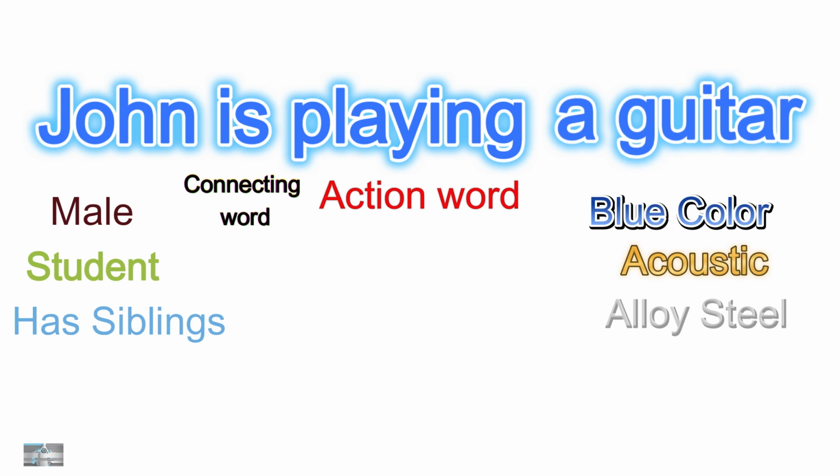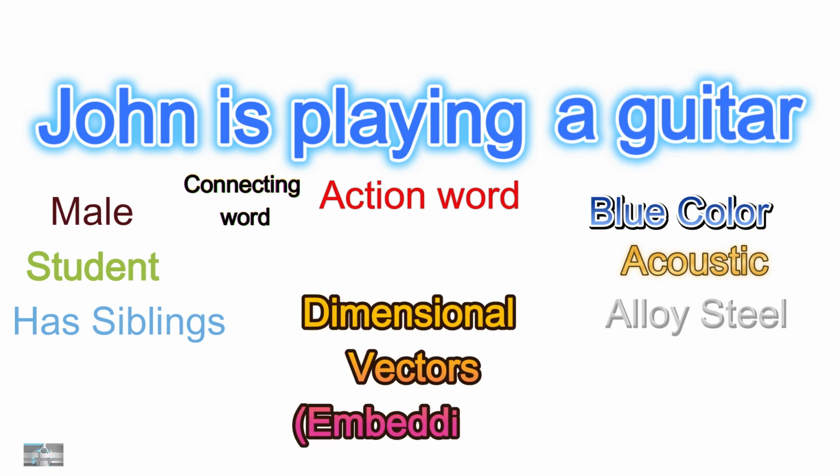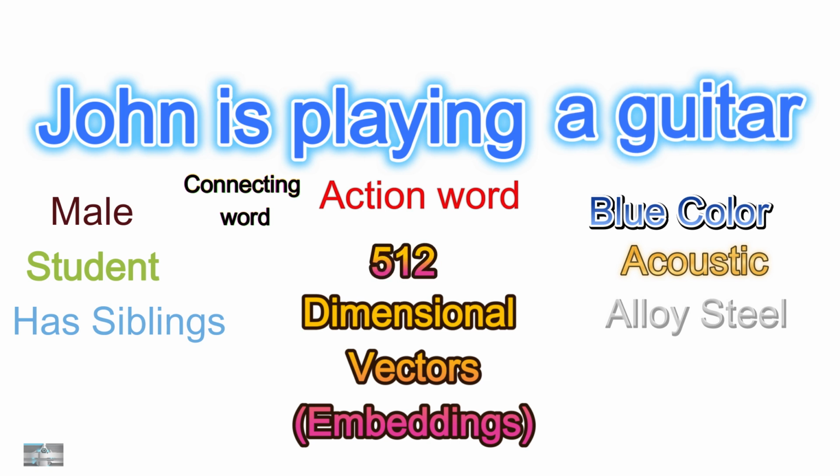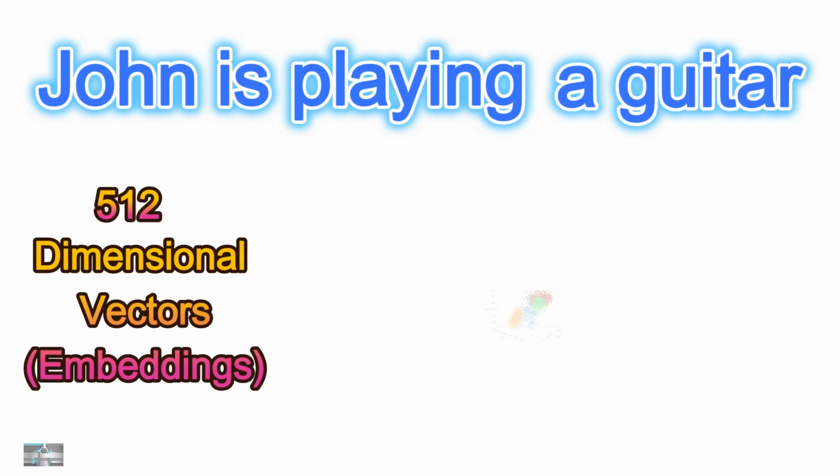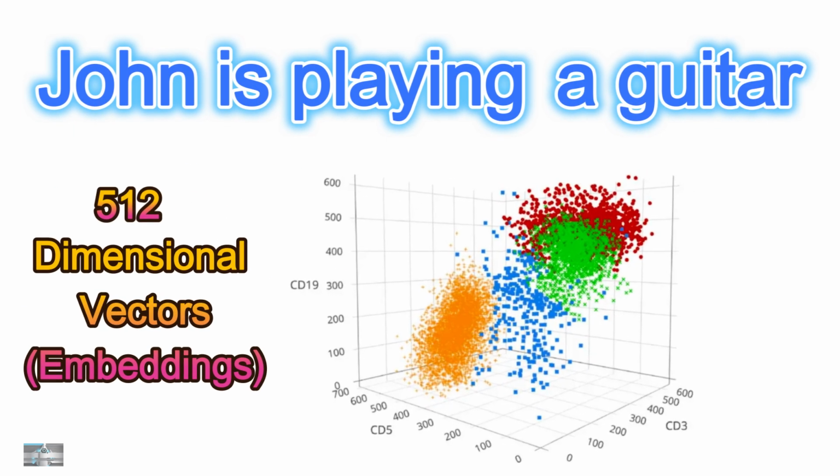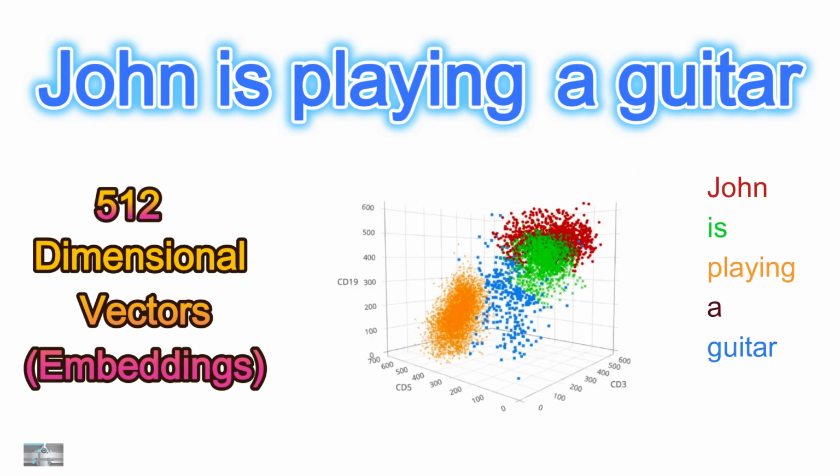So technically we call them dimensional vectors. In machine learning, normally we associate each individual token with 512 dimensions, which means we can describe each token in 512 different ways.